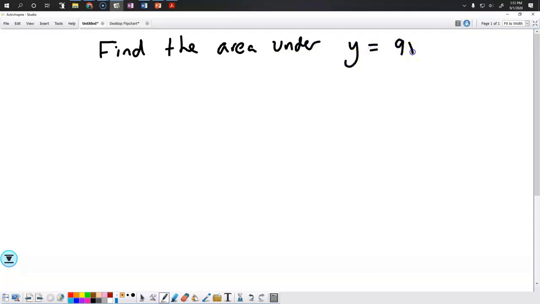Let's say, find the area under the curve y equals 9x squared from x equals 0 to x equals 2. Let's find the area under the curve from x equals 0 to x equals 2. All right, step 1. Integrate the function.